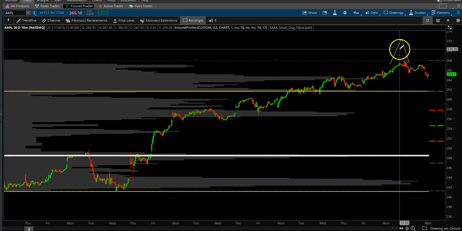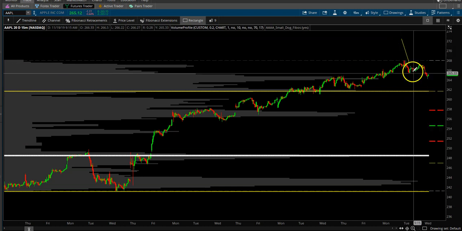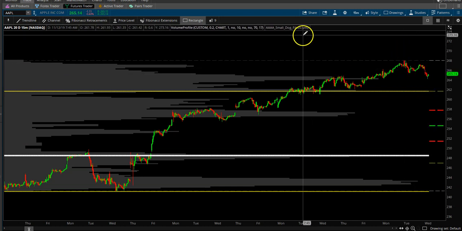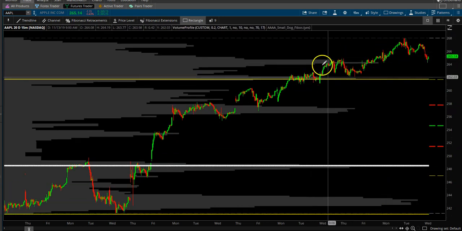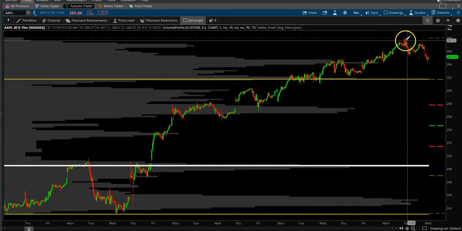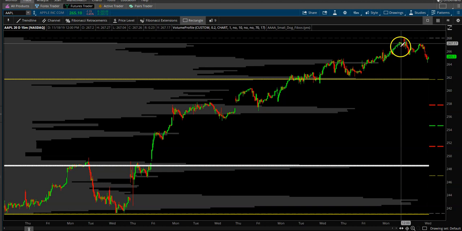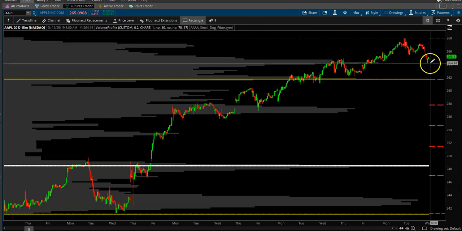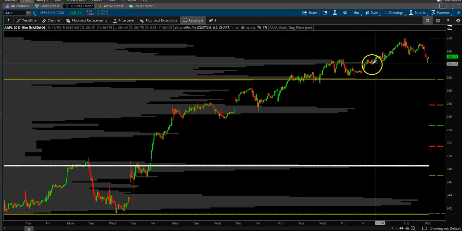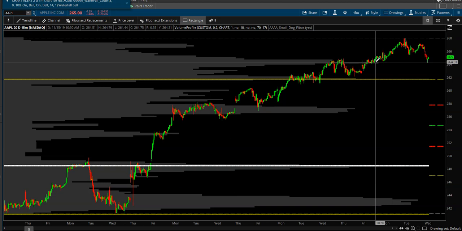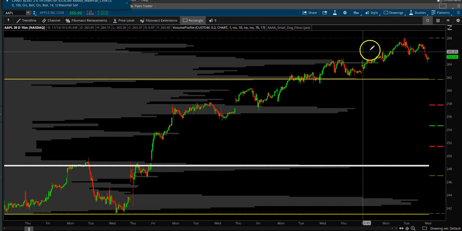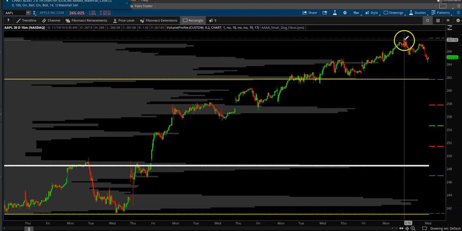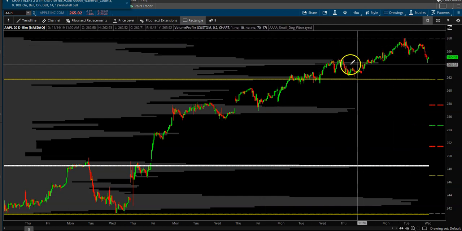But this chart's really good for looking for support and resistance levels on pullbacks. Look at this. We opened up here, then pulled all the way back to this high volume node. Like I mentioned in past videos, which you should go and look at, it's like you're falling from a tree.